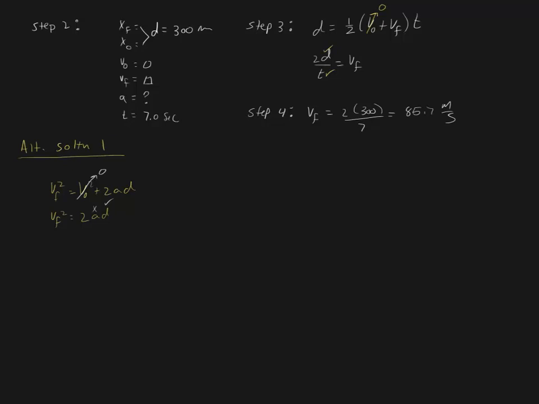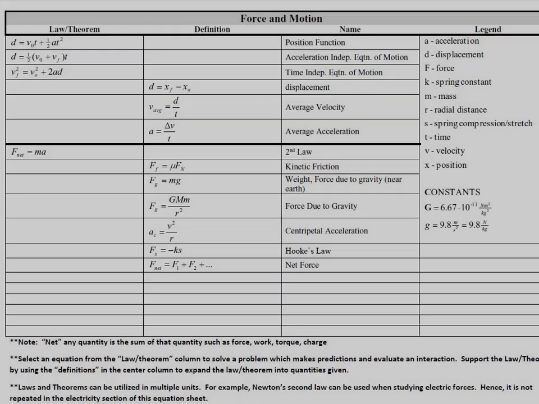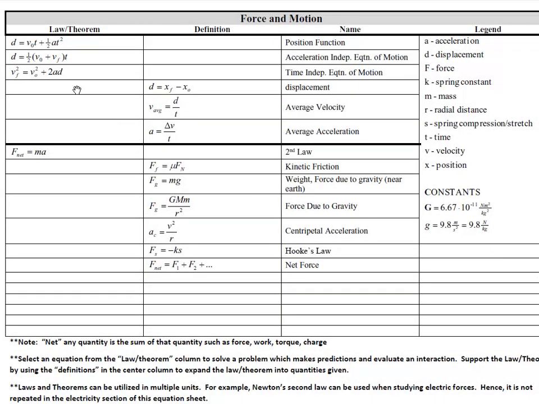Now the way we do that is we go back to our equation sheet and we look for another equation that we have not used on this attempt, and we look for that equation to have the acceleration in it. Typically we're not going to look at the law and theorem column for this. We're going to go to our definitions. We want to redefine the acceleration in terms of the variables that we know.